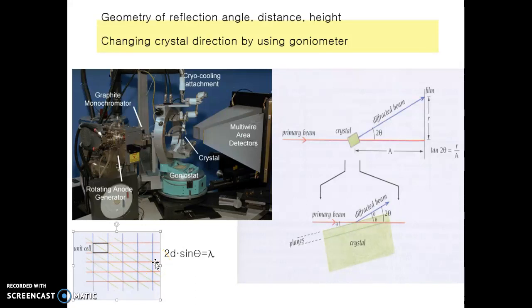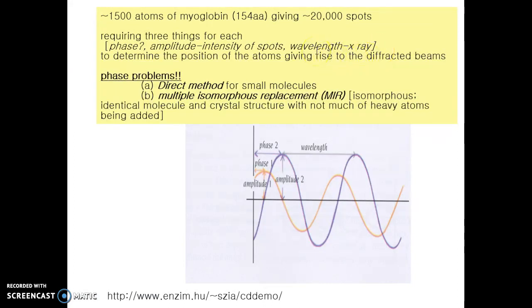Such lines are produced in so many ways that could function in producing so many different patterns. Of course, to obtain more spots, we must change the position of the crystal by using a goniometer. Can get so many spots.